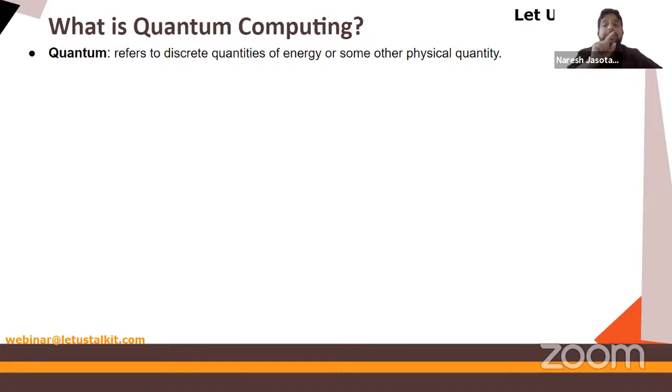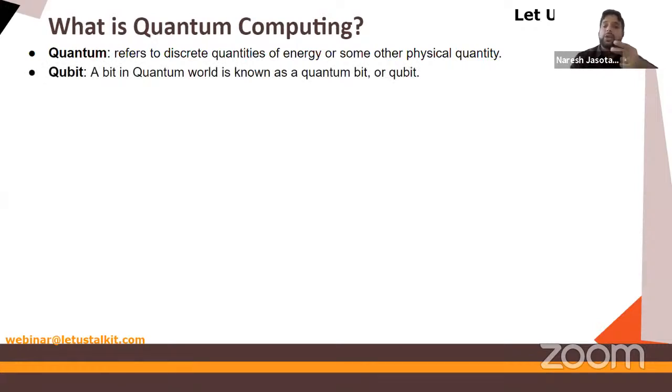The energy which can change the electron's position from a lower orbit to the higher orbit. The energy which can push a coin from one flip to the other. The finite energy level is something which is being controlled in quantum computing. Qubit.